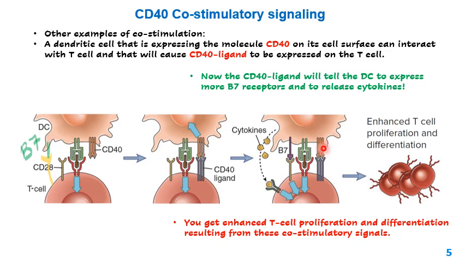This type of co-stimulation is going to enhance how effective your T cells are at eliminating the pathogen. So what we mentioned so far: T cell receptor with MHC, B7 with CD28, and now CD40 ligand with the CD40 receptor. This is important for your dendritic cell, and is also going to be important for another type of cell that we're going to see later. Very, very important forms of interactions.